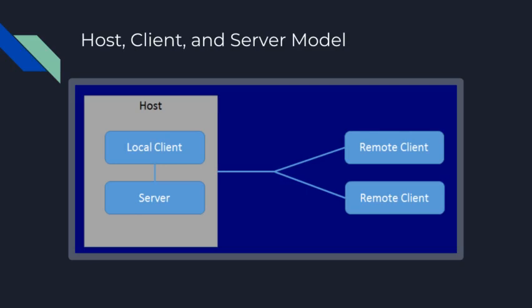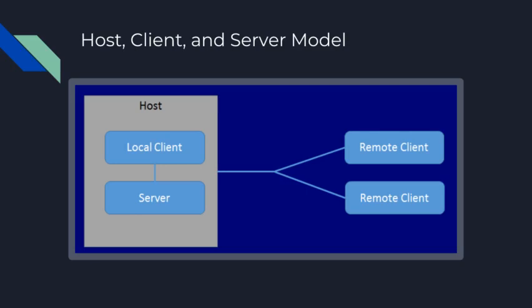The model up here describes the host, client and server relationship. Your machine, if you want to be the host, will contain both the local client and server components. The server is the thing that connects all the machines together and sends the data across. And then you will also be a client. The client is the player, think of it that way.